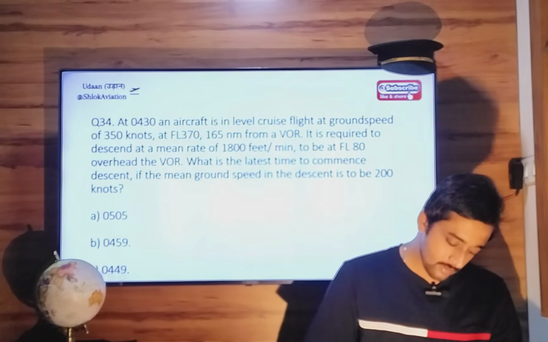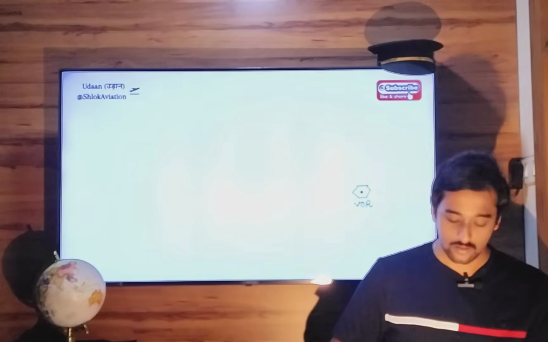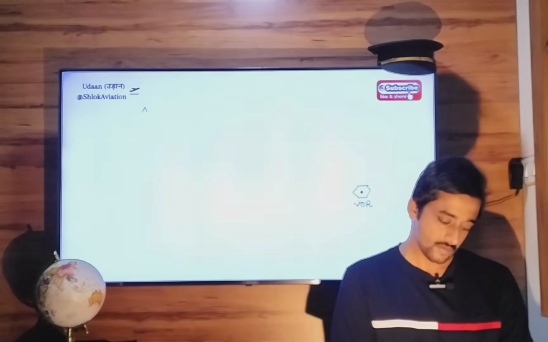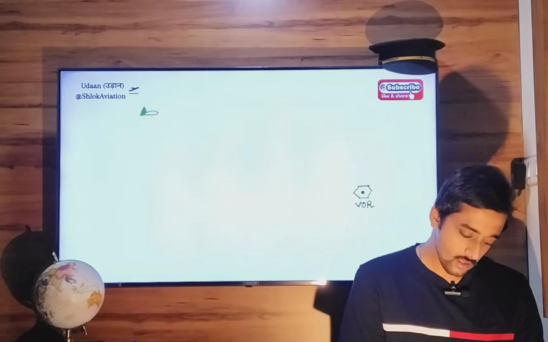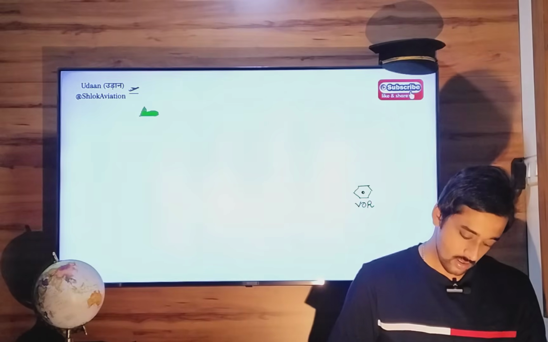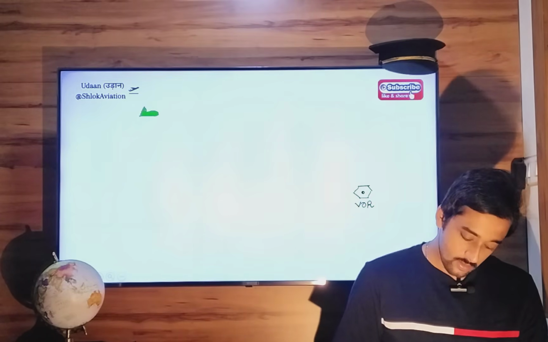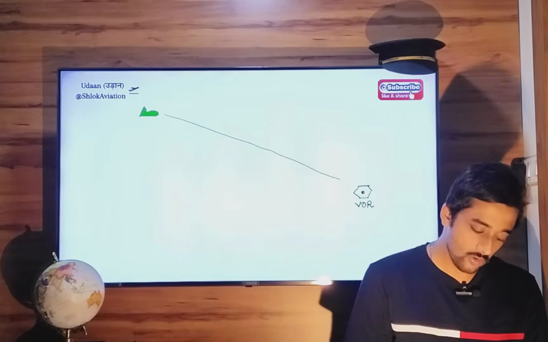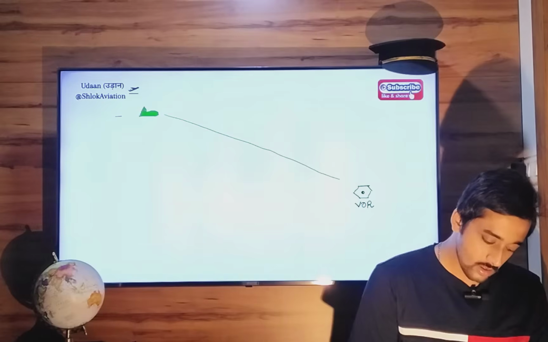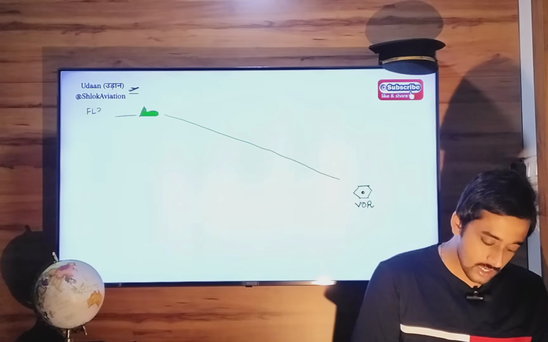So let's draw this diagram. Here you have a VOR station. Here is your aircraft. You're flying at flight level 370.